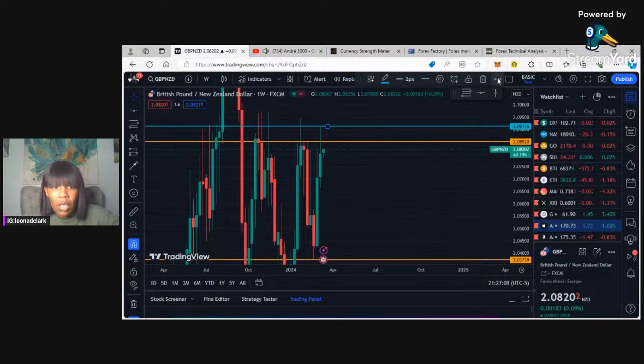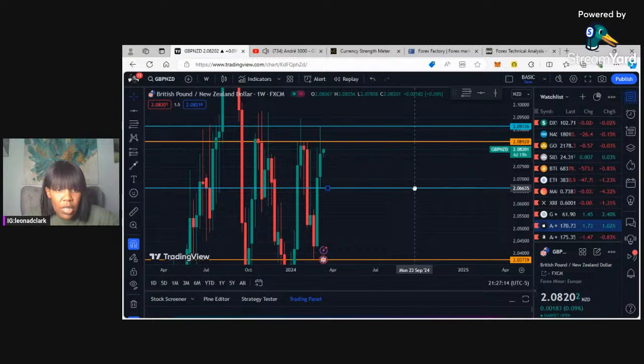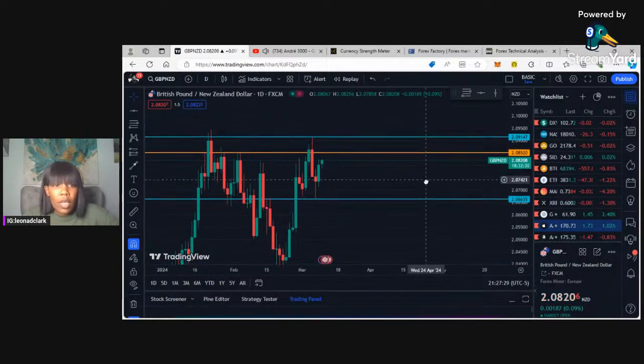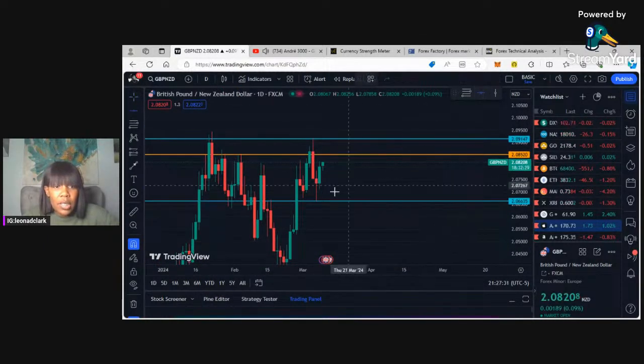Then I'll do the day, and then I'll do the Fibonacci again, but I'll show y'all the settings. I'm still going to do the whole setup on here, so y'all can go back and watch that too. So now I got my week, and day is next.